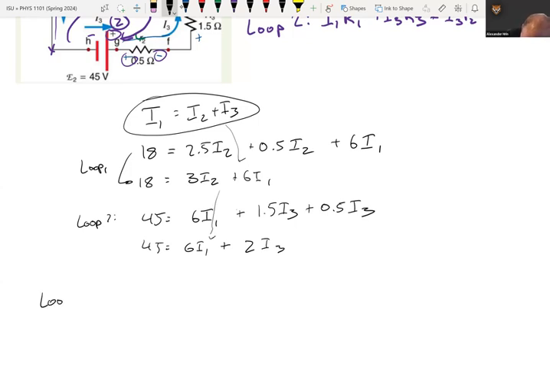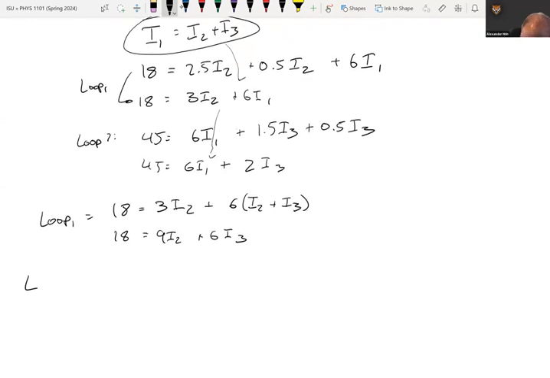So again, redoing loop 1, this time making the substitution, that's 18 equals 3 I2 plus 6 times I2 plus I3. Rearranging this a little bit, that would be 18 equals 9 I2 plus 6 I3. All right, now loop 2, doing the same thing.